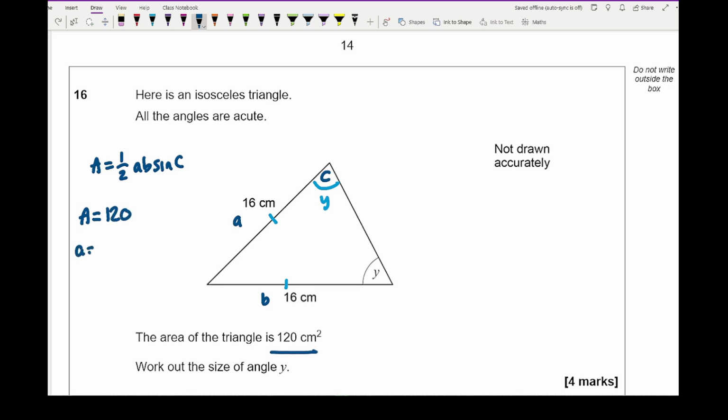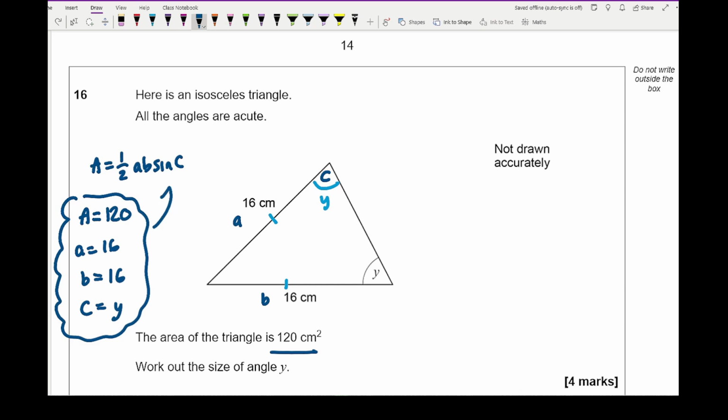So a is equal to 16 and b is also equal to 16 and C is equal to y. So substituting all of this information into this formula, we end up with 0.5 multiplied by 16 multiplied by 16 multiplied by sine y, and that comes up to a total of 120.